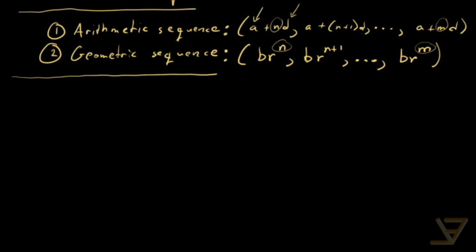And remember, there are restrictions on a, d, b, and r, because we're requiring that these sequences have distinct entries. And we'll get into some idea of what those restrictions are as we go along using bijective functions. So let's see what we can do here. Arithmetic.